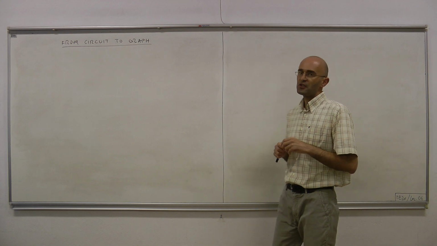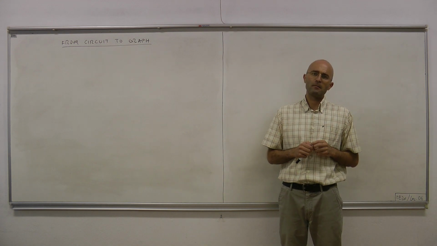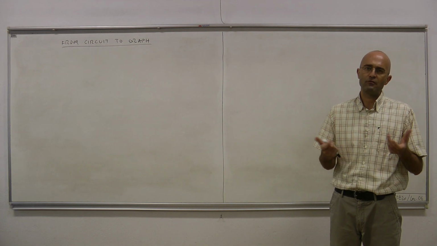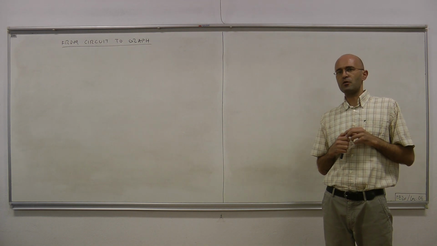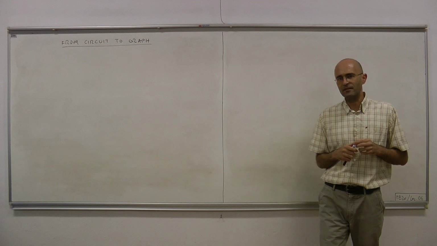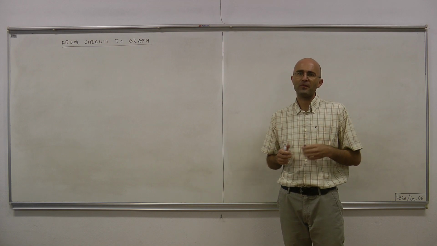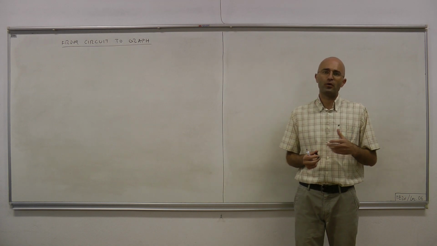Along the way we will also discover perhaps the most important theorem in circuit theory, namely the Tellegen theorem, which has a very short and elegant proof. So let's now talk about what we mean by a graph for a given circuit.